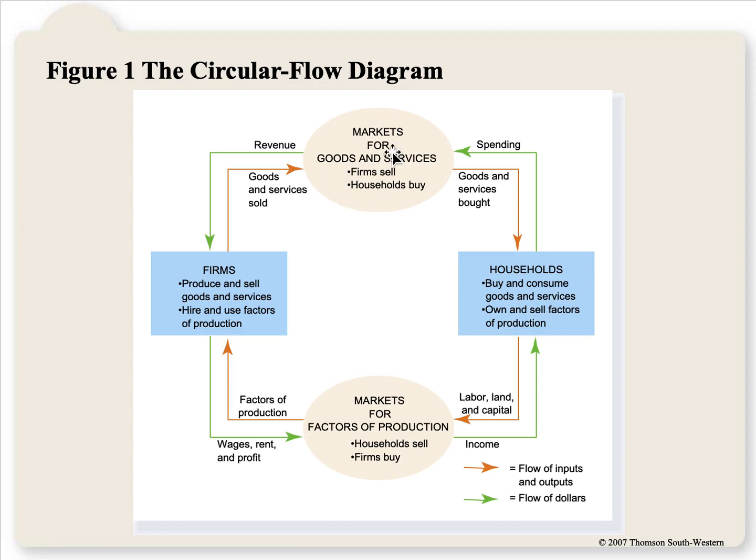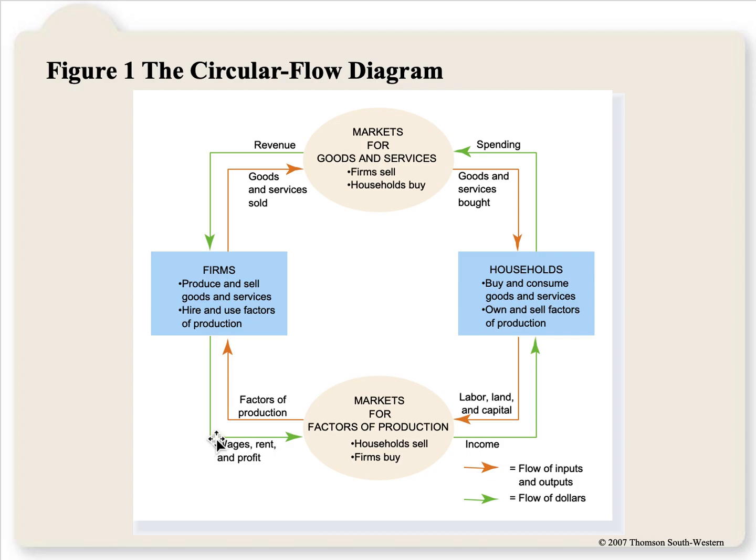It is then translated to be the revenue to the firm that sells the goods and services in the market. And the firm will need to pay rent and also wages to the workers, and also will generate profit for themselves.